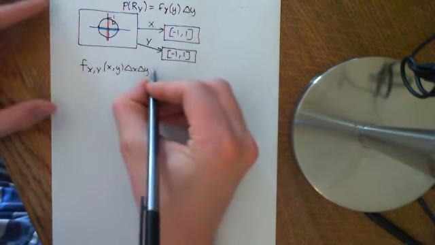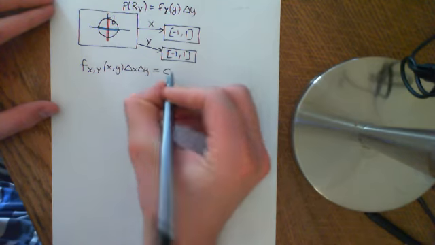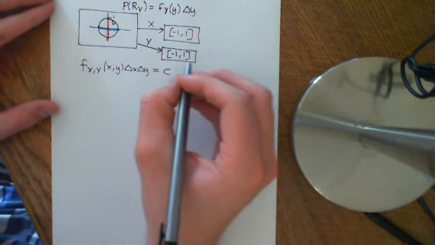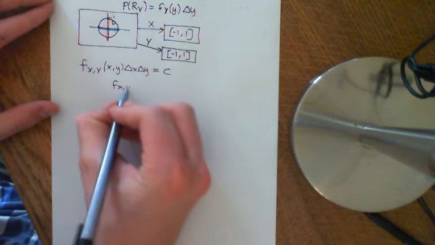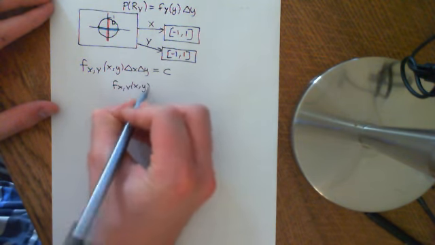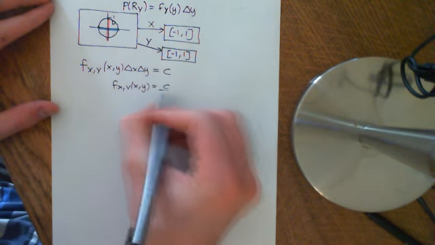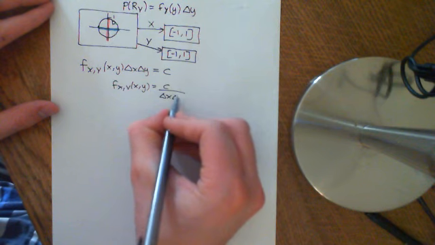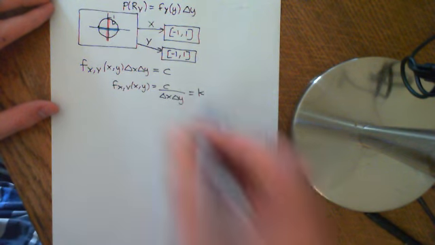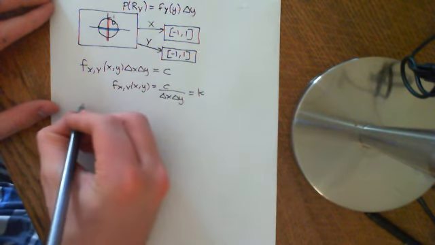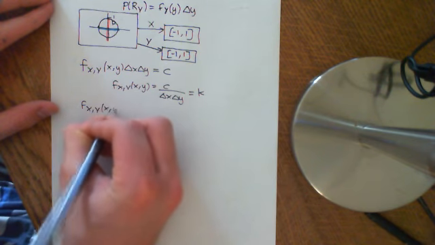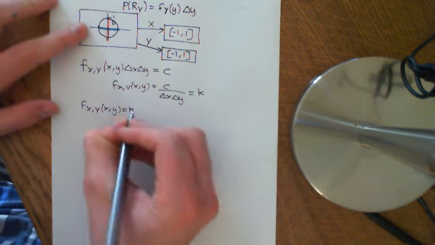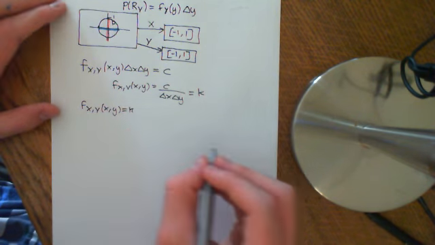So I want this to equal some constant value, basically. Okay, and then all I need to do is divide through by delta x and delta y, which were constants wherever you went. They were very small constants, but they were just constants. So I get basically that this needs to equal some other constant. Let's call it k. Right, so we want the joint PDF to be equal to a constant, at least on the circle, and we want it to be equal to 0 everywhere else.